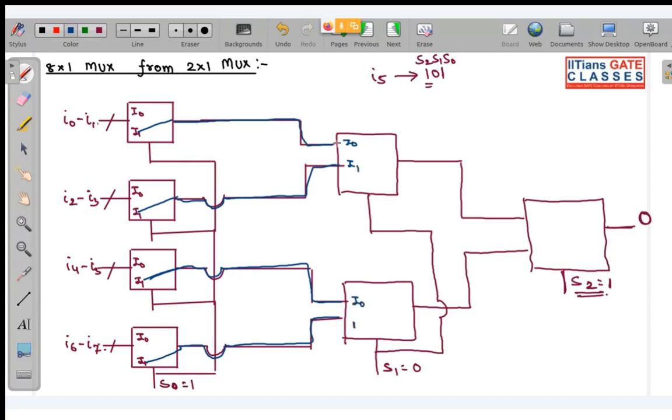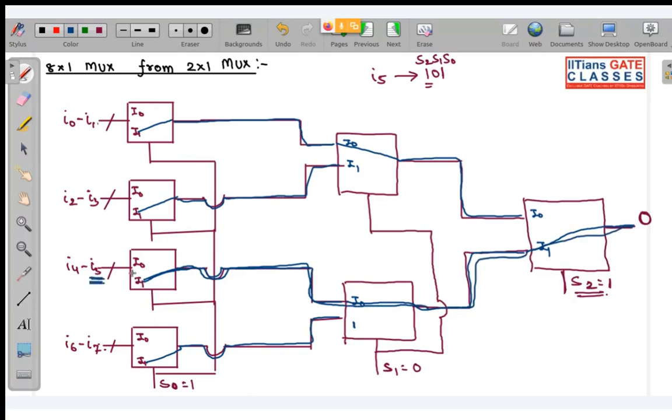So all these lines will now be transmitted. Here it is 1. So this is I0, this is I1. So this line will correspond over here. You can see this whole line is being connected to your output, and over here I1 will be connected to I5 of the whole 8x1 mux.